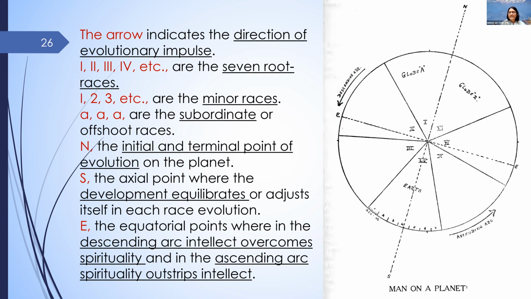And then in the ascending arc, reaching the equatorial point E once again, here spirit will start dominating matter until it reaches back on globe Z, which is again near the point N of the axis, where it would have reached its source, the highest point of evolution in one complete round.